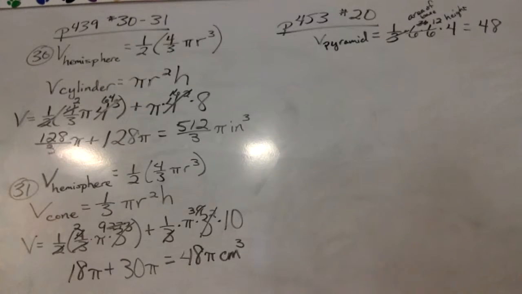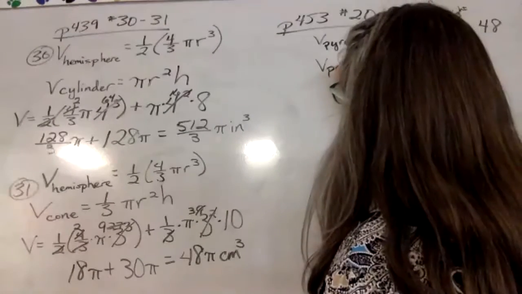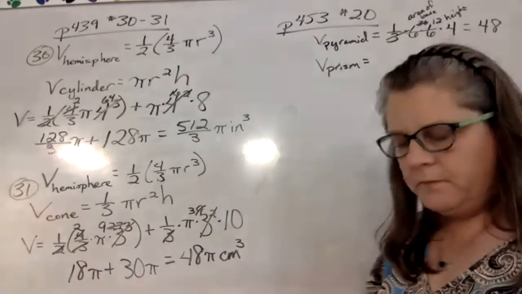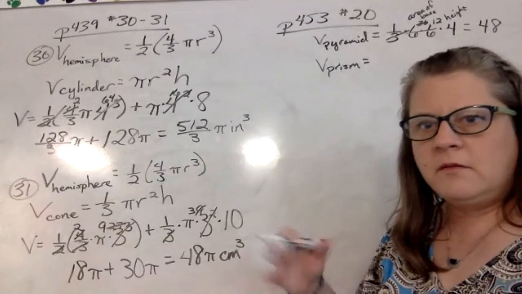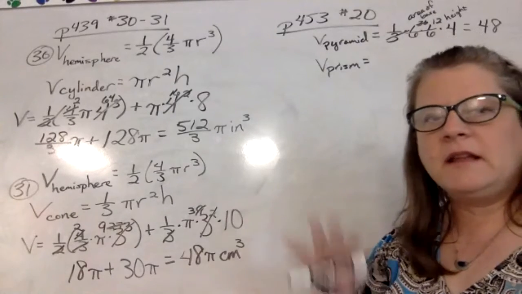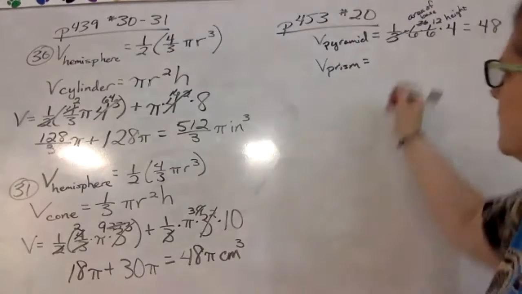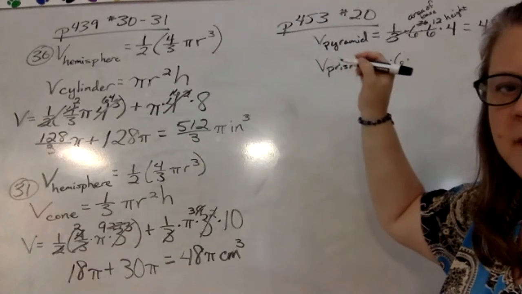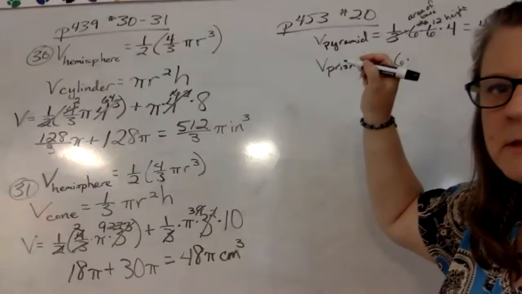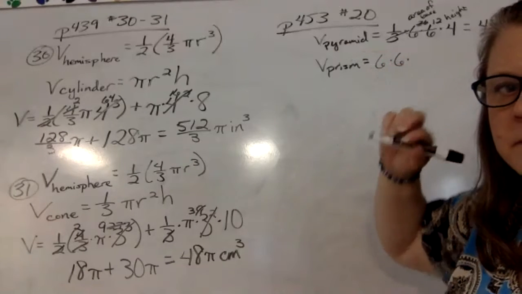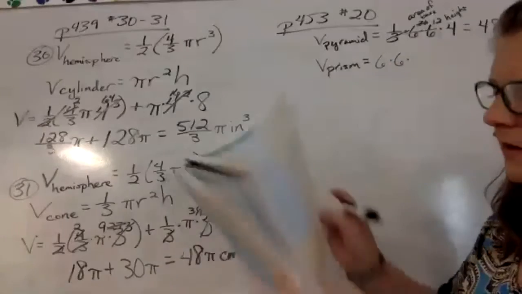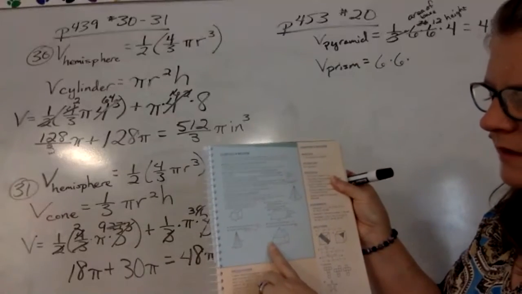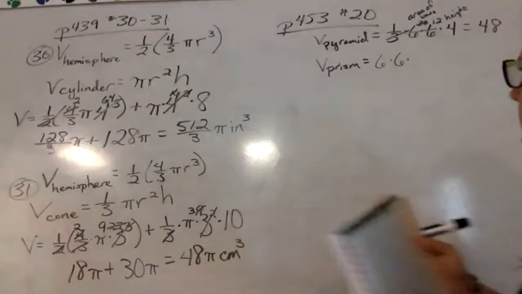Now I've got to do the prism. The volume of the prism, it's a rectangular prism, or a square prism, whatever you want to think, you've got the length times the width times the height. So I have 6 times what was the height of the prism over there on the side? The little prism over here on the side is 3.